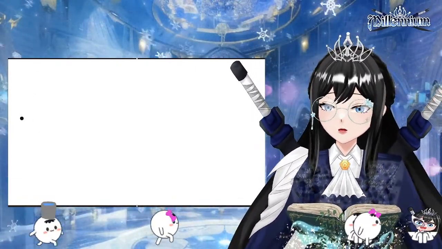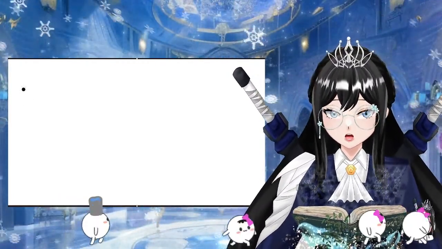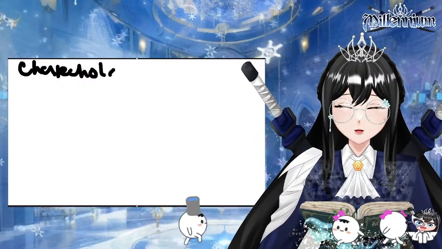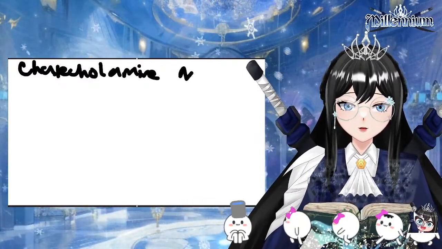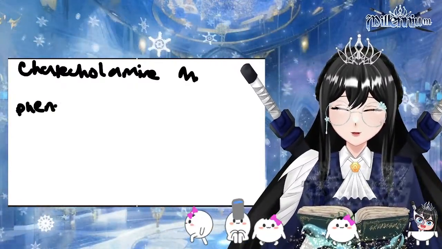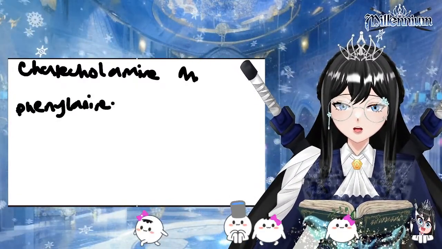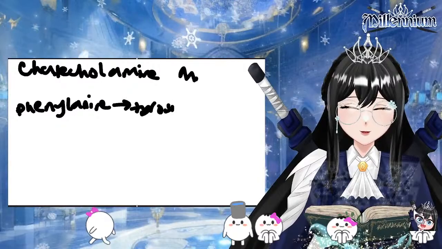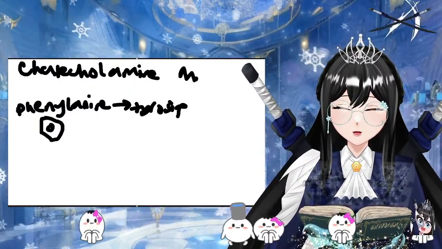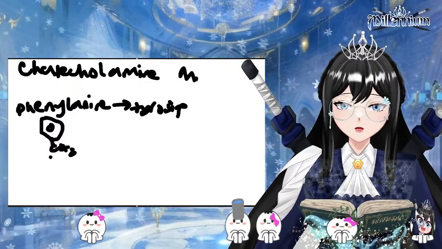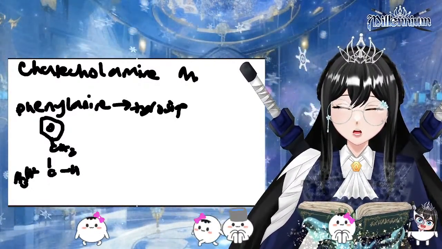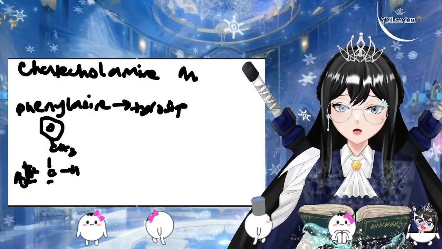So for catecholamine metabolism, you start with phenylalanine, and then tyrosine. Phenylalanine has the benzene ring and CH2, and then CH, NH3 plus, and then COO minus.